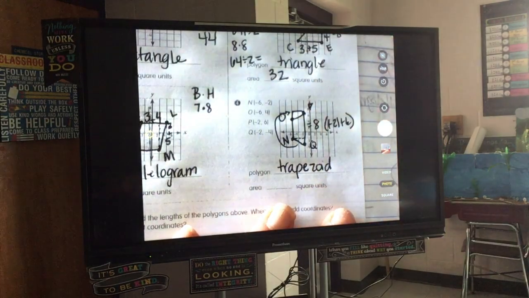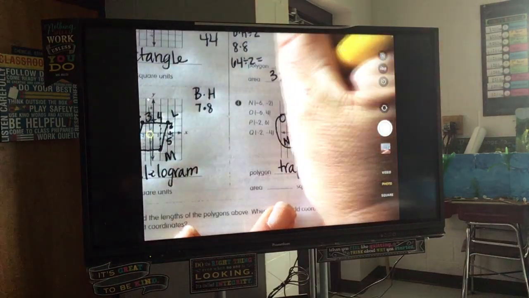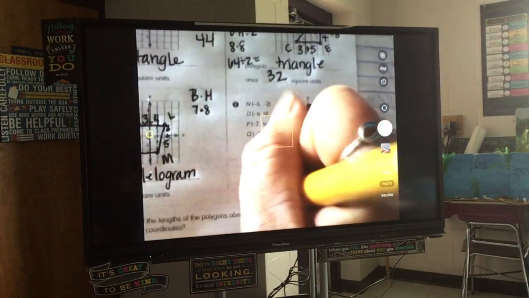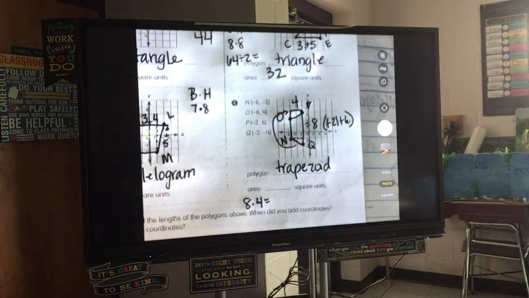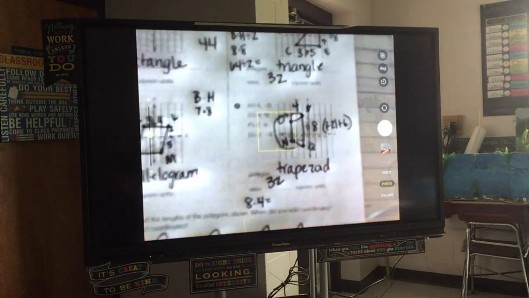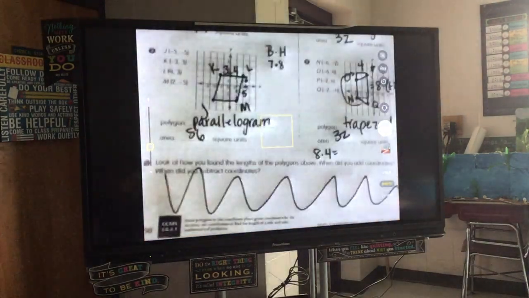What plus 2 gives you 6? 4. Alright, so we are simply going to do 8 times 4 equals what? 32. Alright, do not worry about this bottom question down here, question number 5.